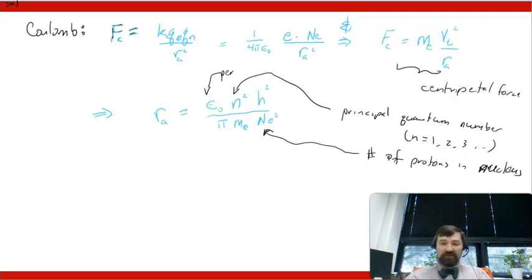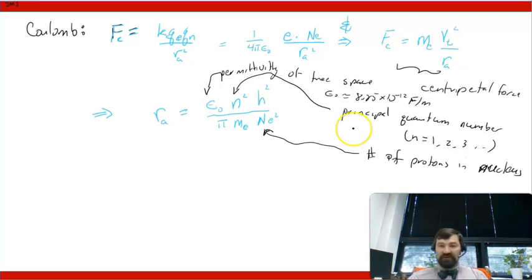This again is your permittivity of free space. And of course you know that one has a value of a little less than 8.85 times 10 to the minus 12 farads per meter, and then the mass of the electron and the elementary charge. You can therefore do two things at this point. So in some sense this is the radius of your atom in general.